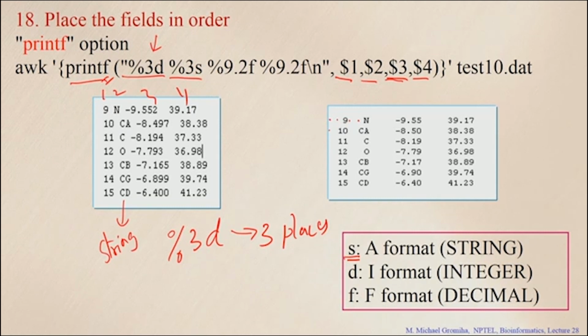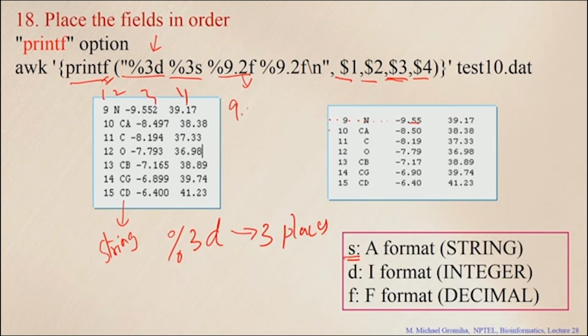So, here also use F 9.2 F. What is the meaning of 9? What is the point 2? The point mentions how many total fields and how many fields after the decimal. So, how many spaces after the decimal? 2 places. So, 2 places after the decimal and totally 9. So, 1, 2, 3, 4, 5, 6, 7, 8, 9.